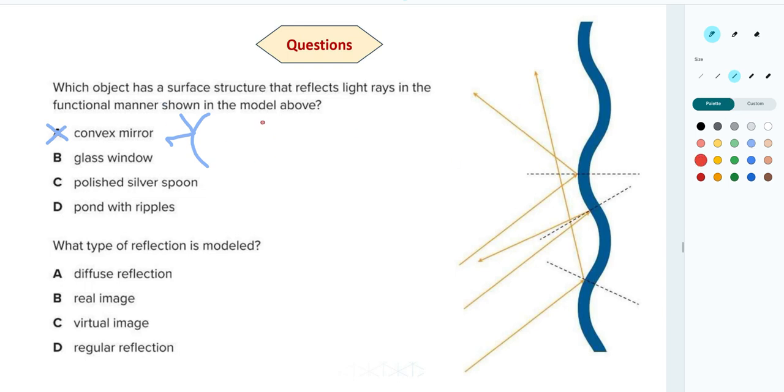We know a glass window will allow light to be transmitted all the way through, and this is not letting light be transmitted through. A polished silver spoon could be either convex or concave, depending on which side we use. So this does not look like a spoon.